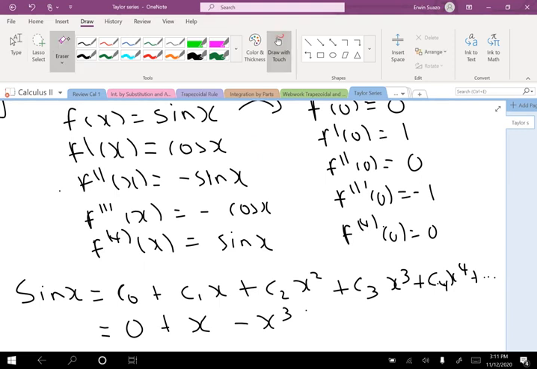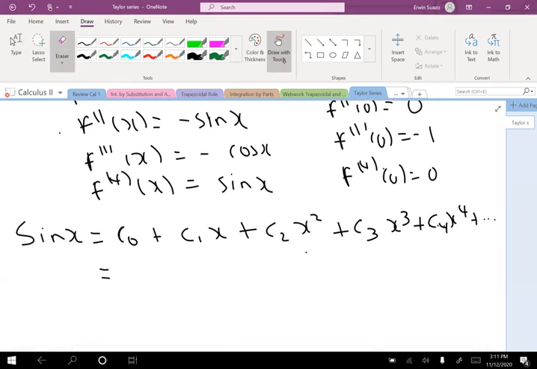So to avoid mistakes, let's put the whole thing like the real thing, okay? So C0 is f of 0. C1 is f prime of 0 divided by 1, times x.